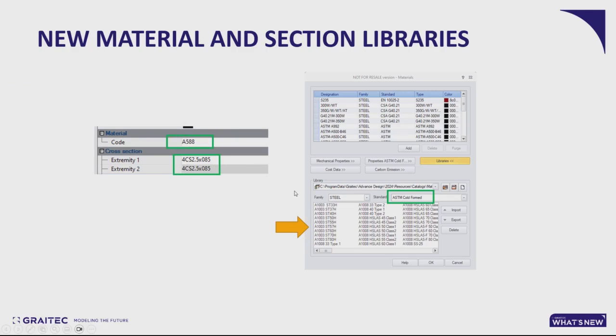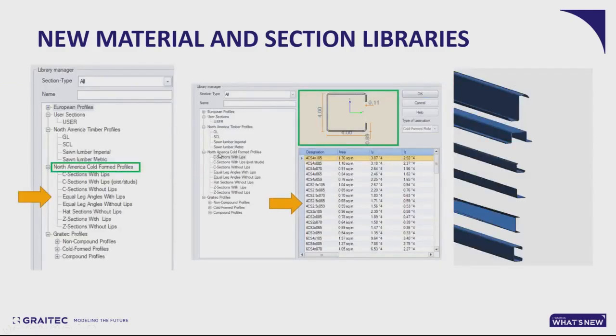Basically, you can go to material properties for the material, and here in the family of steel, you just switch to ASTM cold form, and as you see, you will have the option to select the required material type in your project. We already defined all of the standard material of ASTM libraries, which is updated, and you can just select the material, import it inside your project, and after that you will be good to go and you will assign it to your member as you see here.